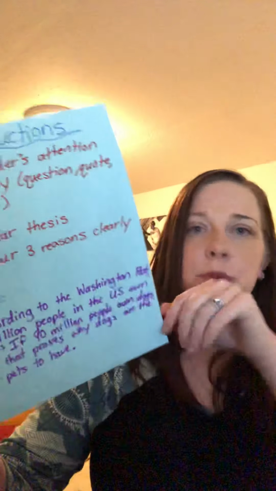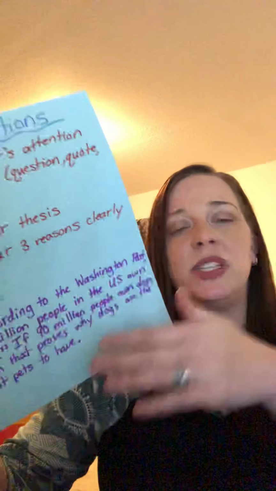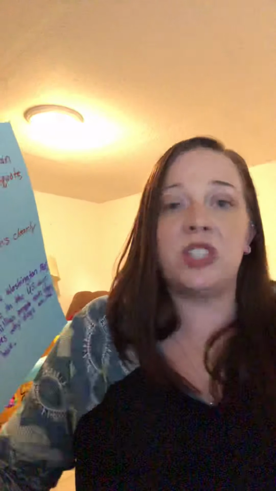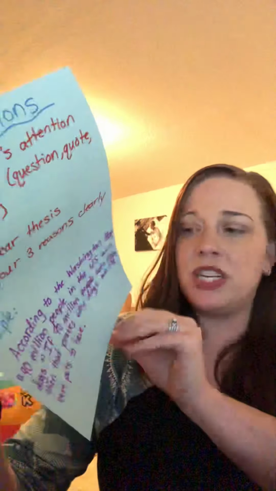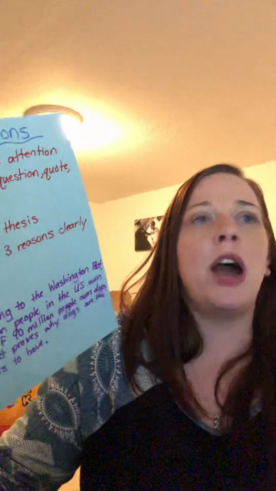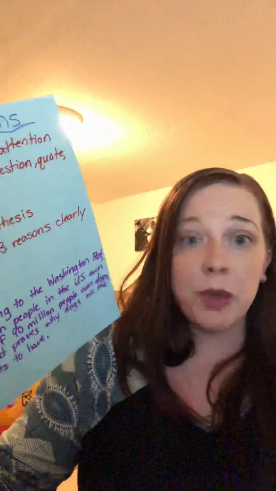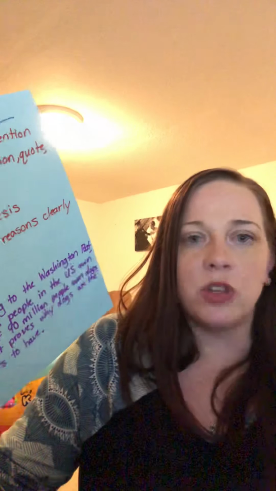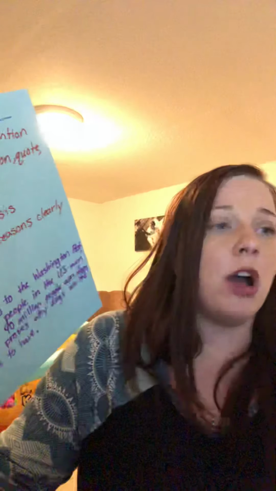And here's my example. I don't have my 3 reasons in here, but I did include a first sentence, one of the question, quote, or scenario, in order to catch the reader's attention. So it says, according to the Washington Post, and the Washington Post is a very highly reviewed newspaper, and a lot of people have heard of it before. So their resources are very clear and they're accurate.